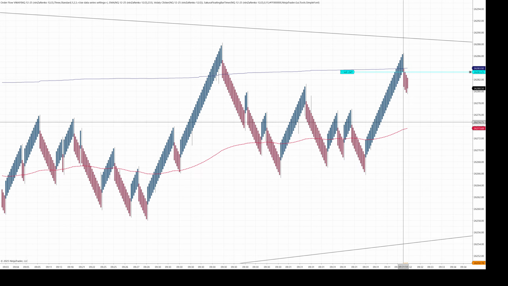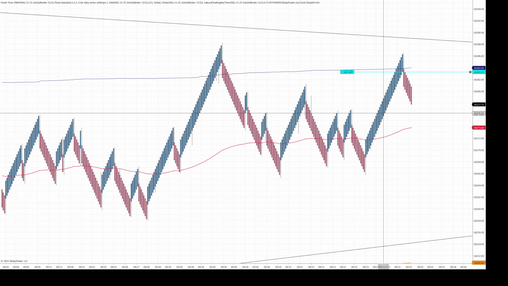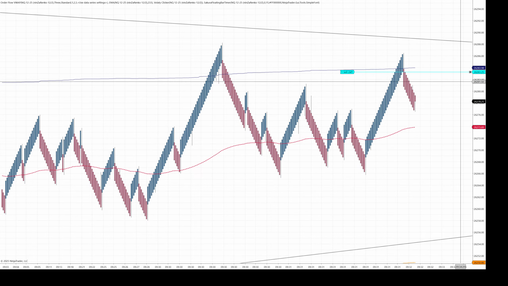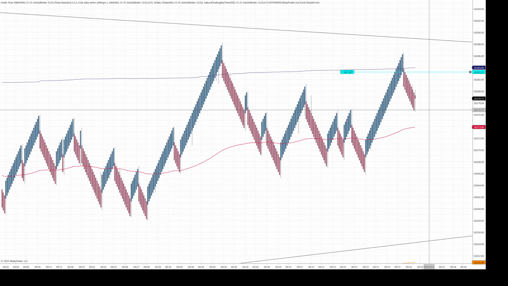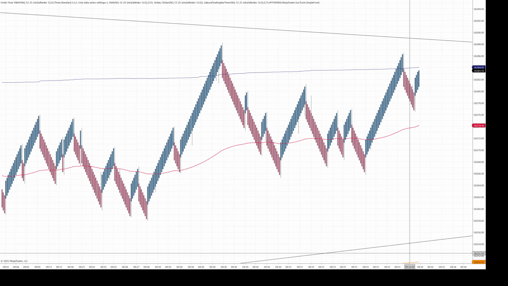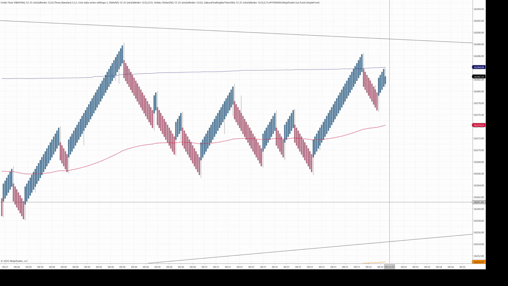This would have been the bearish entry right there, but we missed it. We would have gotten probably 8 points. It moves fast.